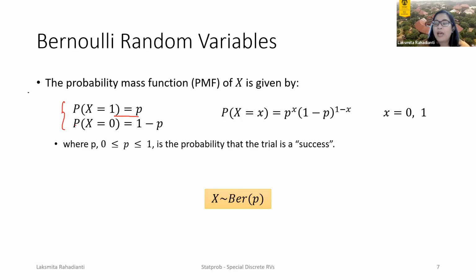Yes or no. And for that, we can also generalize the probability P, x equaling a certain value equals P to the power of x, 1 minus P to the power of 1 minus x, where this P, this probability is some number that we don't know, which is the probability that the trial is success.